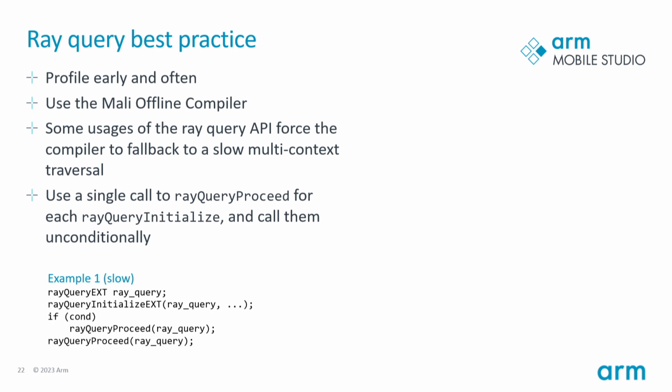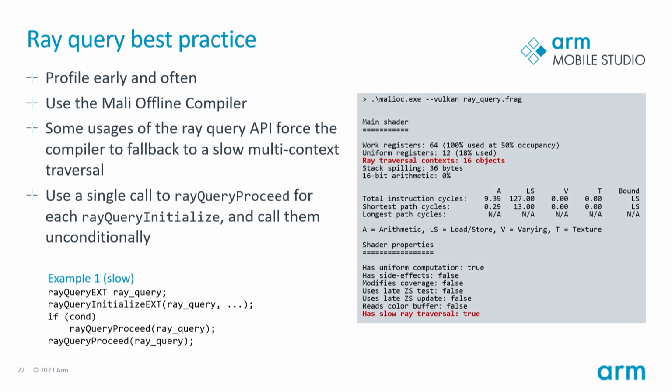So in this example, we are calling ray query proceed twice after a call of ray query initialize, which means our shader will likely run slowly. The Mali offline compiler will flag this in its analysis report, as you see on the screen.